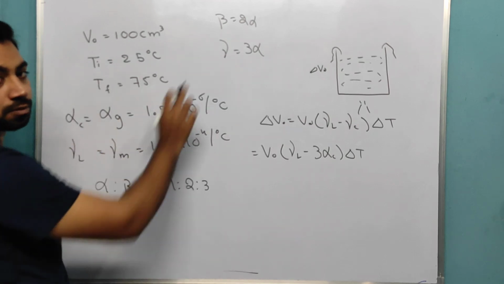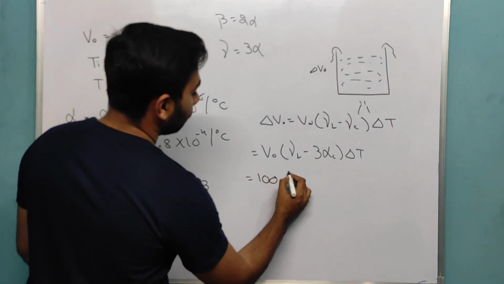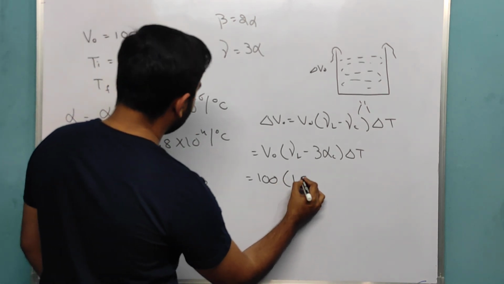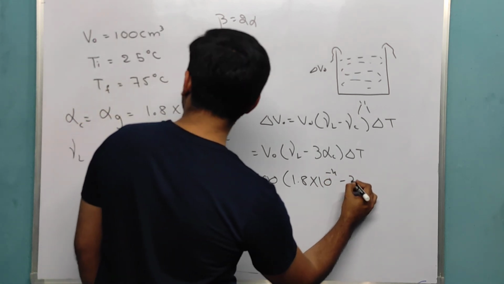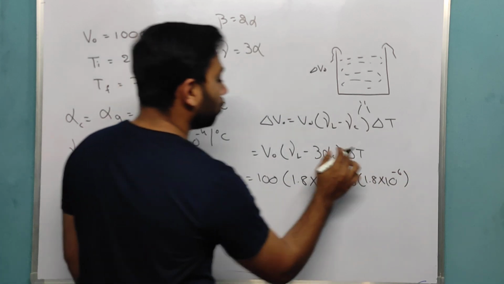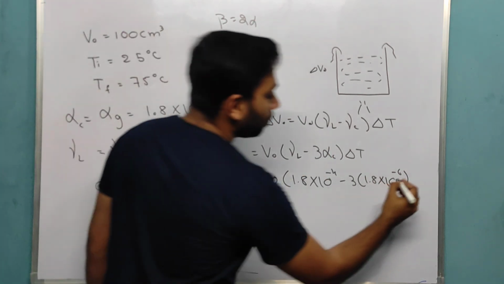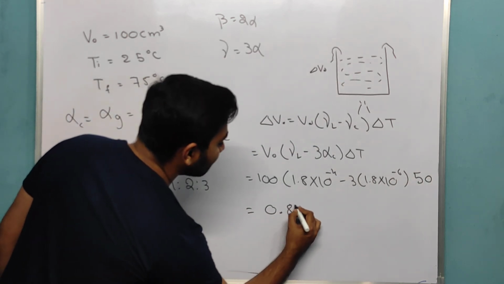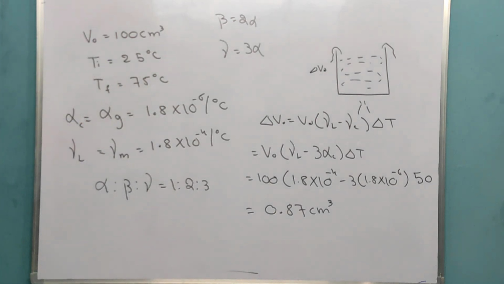Now if I substitute all the values, I get 100 into 1.8 into 10 to the power of minus 4 minus 3 times 1.8 into 10 to the power of minus 6, into the change in temperature, 75 minus 25, which means 50. If I solve this, I will get 0.87 centimeter cube.